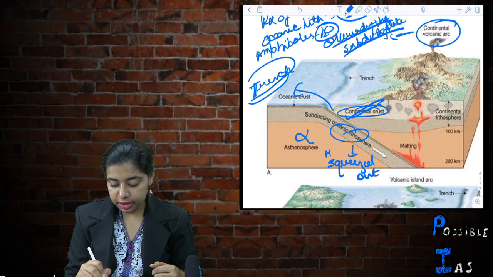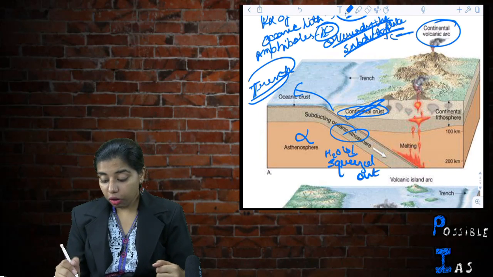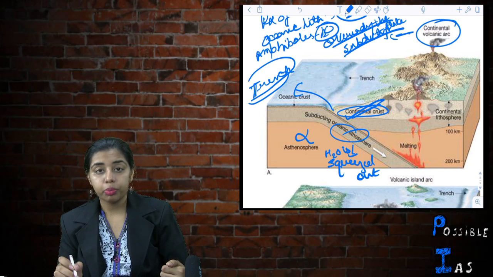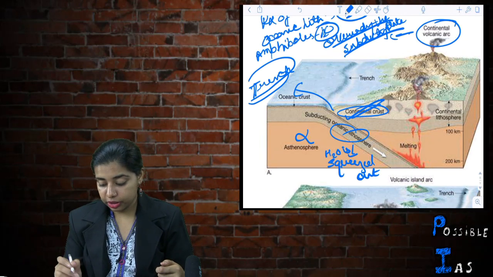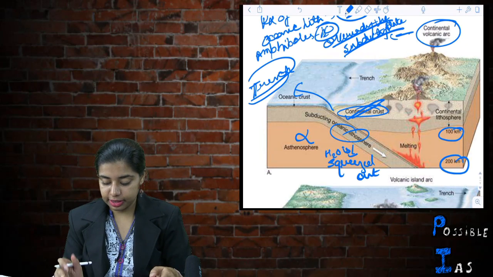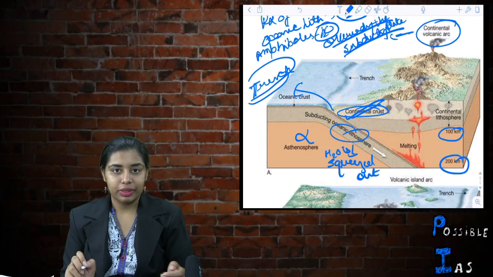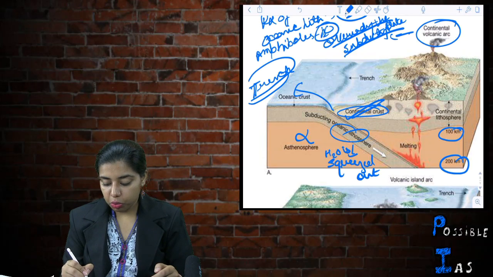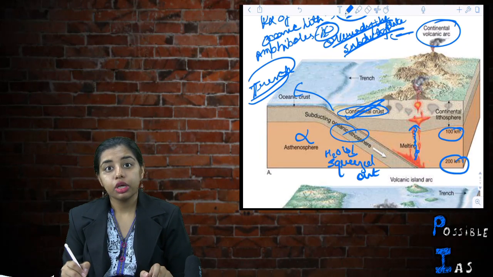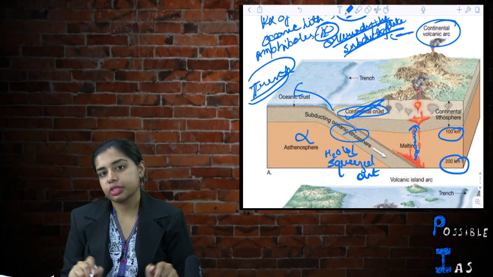Obviously this water is released at very high pressure and temperature in the asthenosphere, at a depth of around 100 to 200 kilometers. The temperature is so high that melting takes place. This water is really hot, so it will melt this part of the asthenosphere and take it along with it. Now what will be the composition of this melt?